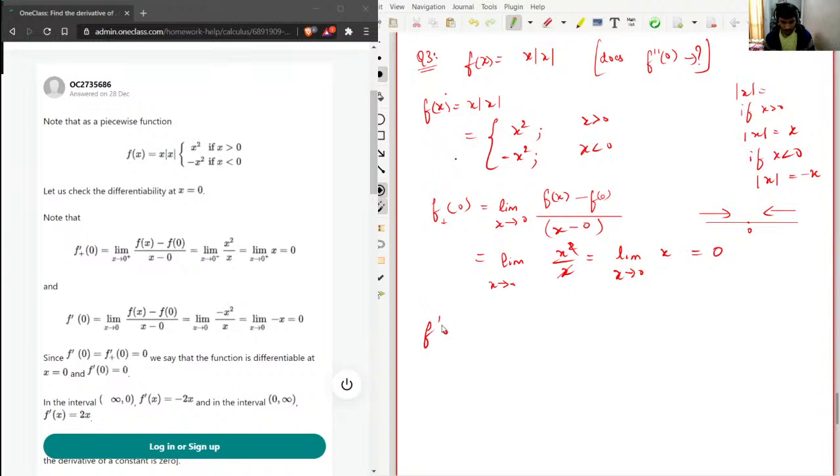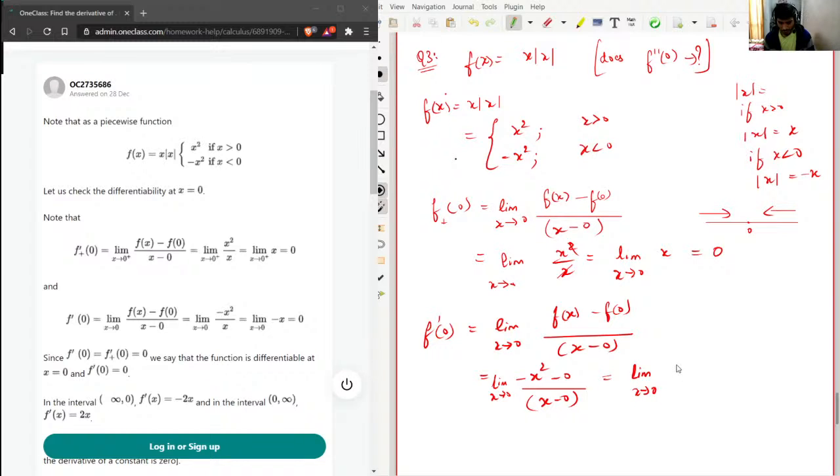So for f prime of 0 from the left hand side, I'll write limit x approaching 0, again f of x minus f of 0 over x minus 0. f of x now will be minus of x square, f of 0 will be 0, so this will be limit x approaching 0 of minus of x square over x.